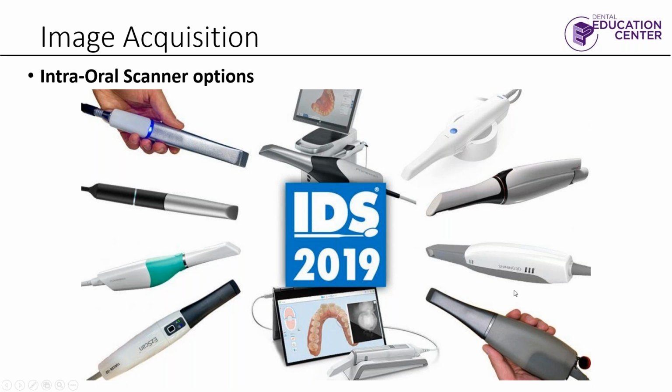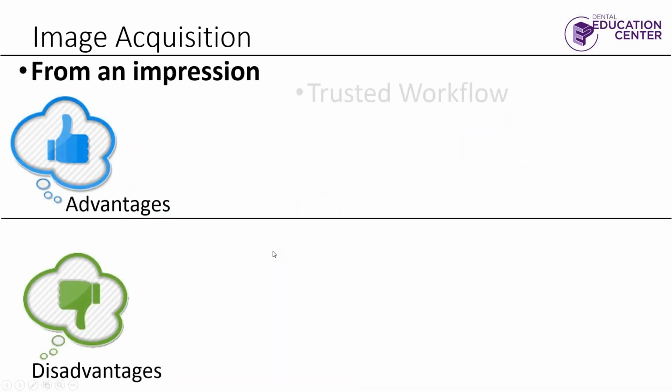Some of the new guys on the market, Shining, the CAREStream here, they came out with the new 3700. It's designed by Porsche. I don't know if anybody cares, but it is. All the good ones: 3Shape, Medit, Primescan, Emerald Scan. There's quite a few choices out there.